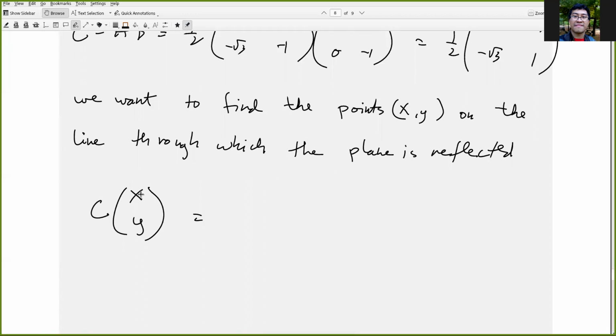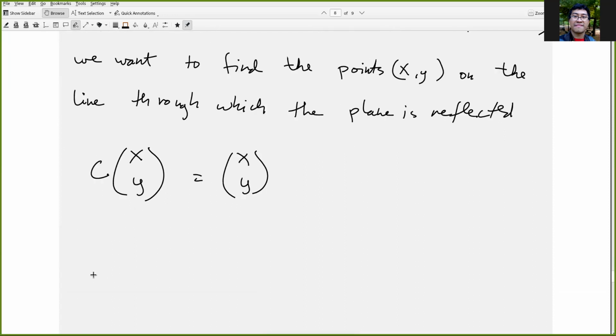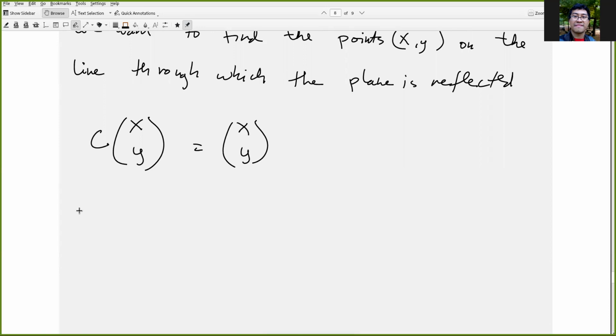So whatever you do, they will not change because they are on the line of reflection. So the answer would also be xy. So C, 1/2 of [-1, square root of 3; square root of 3, 1], times xy, would be equal to xy.